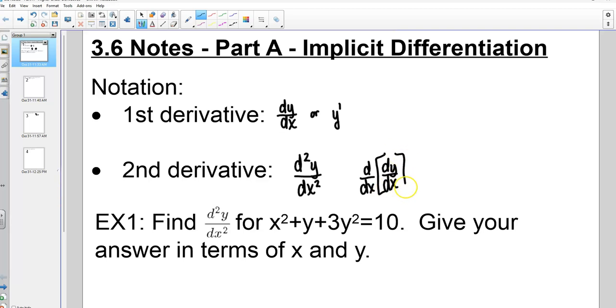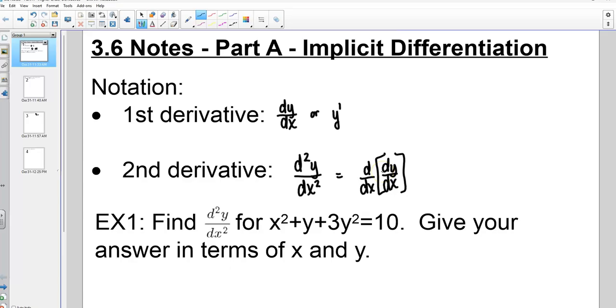So there are two d's in the top, d squared. Technically, you need parentheses around the dx in the bottom, but it's just notation. So they didn't put parentheses around the full dx, but it would be like dx squared there. That helps me remember where the squares are supposed to go.